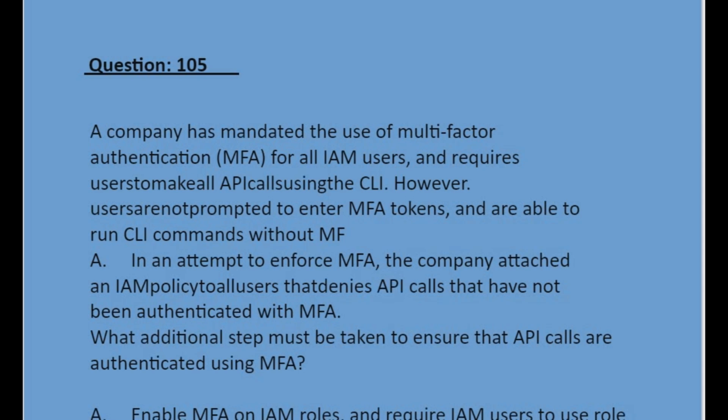In an attempt to enforce MFA, the company attached an IAM policy to all users that denies API calls that have not been authenticated with MFA. What additional step must be taken to ensure that API calls are authenticated using MFA?